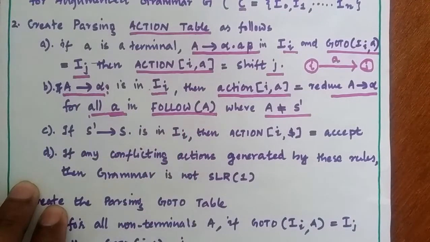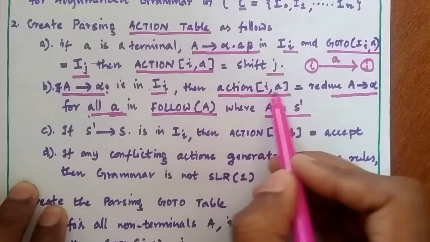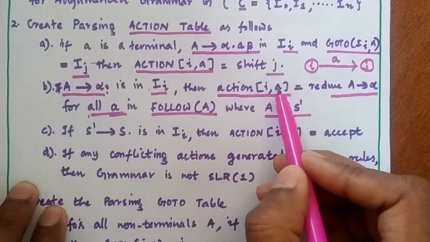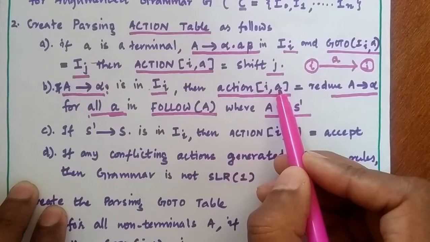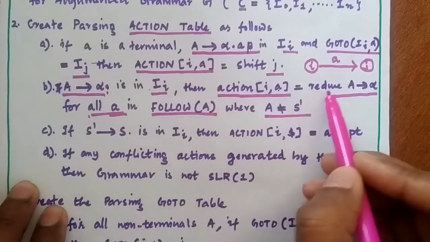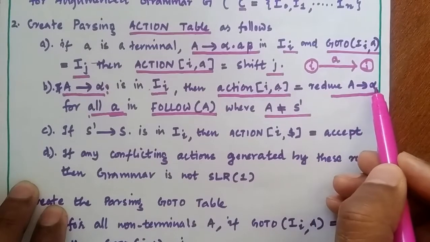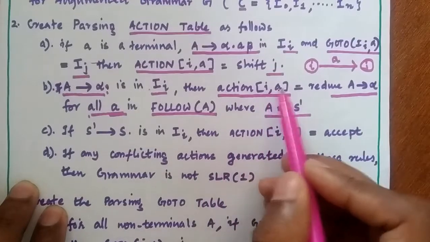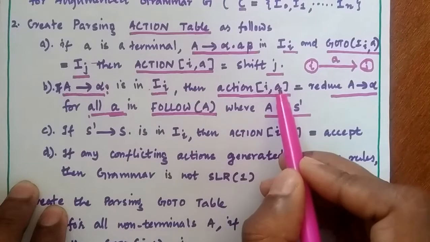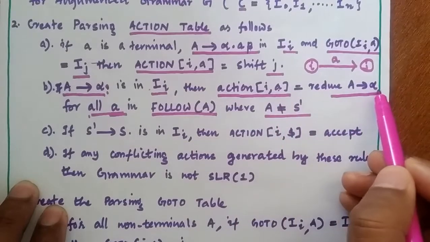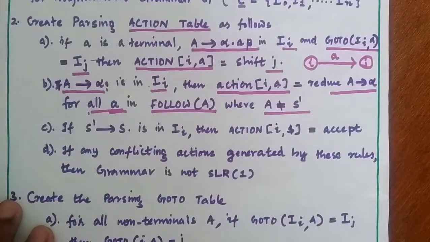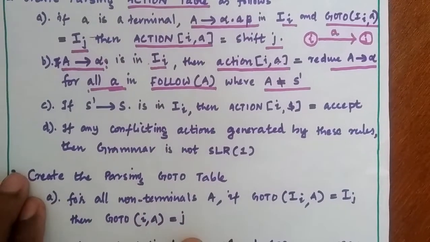For example, if plus belongs to follow of A, then action[i, plus] contains reduce A gives alpha. And if star is in the follow of A, then action[i, star] is equal to reduce A gives alpha, and so on. We can add those. That is rule 2b.